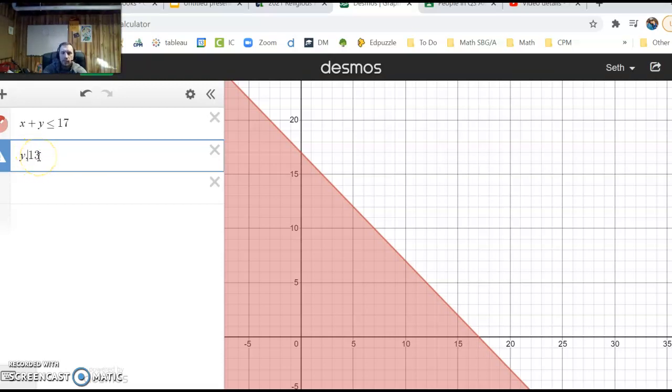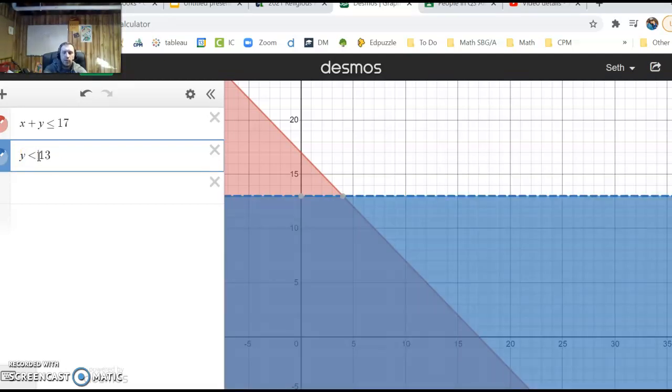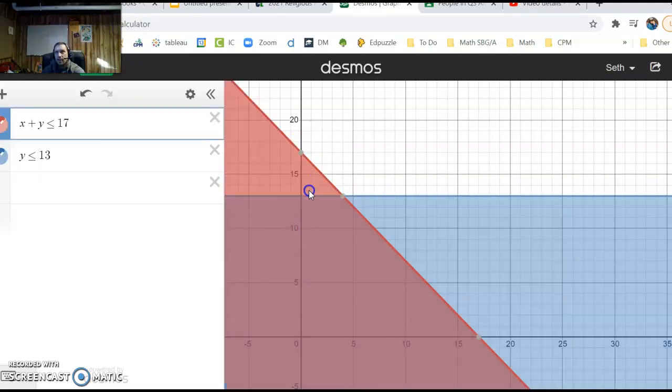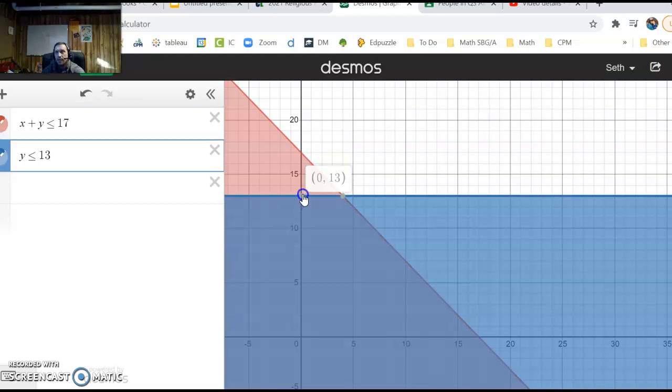Oops, I screwed that up. It's this symbol, and then there we go. So notice this is 13 all the way across. So it has to be less than or equal to 13. We can't do 17 of it. We have to start here at 13 and below. So the most that we could do was 13 and 4 of dog walking.